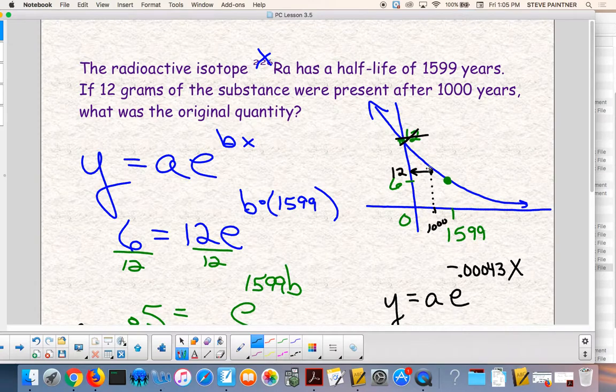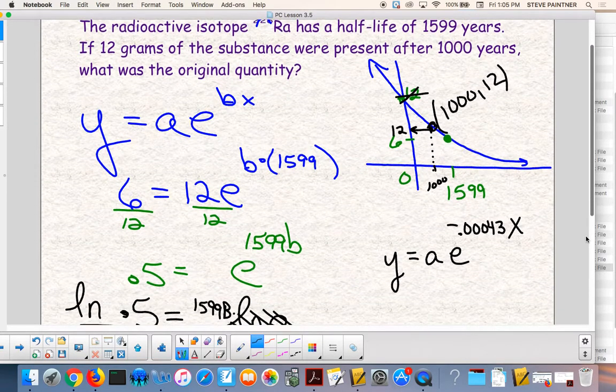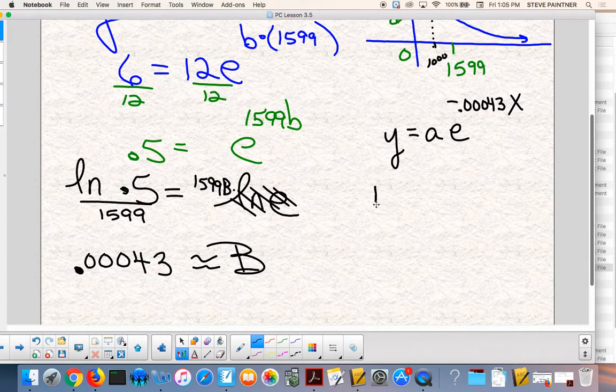Well, if you know this point on your graph, 1,000 what? 12. What are you putting in for y? 12. For a, the starting point, I don't know it. e to the negative 0.00043 times x. X was what? 1,000.